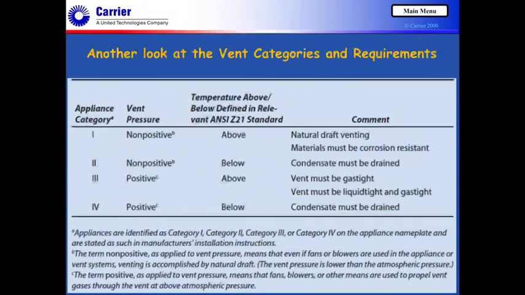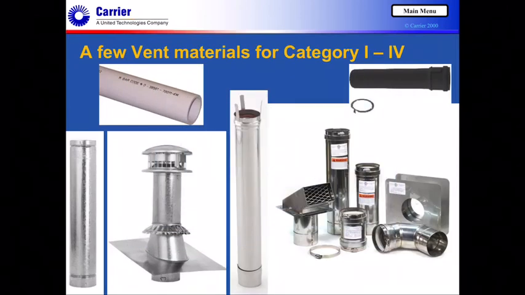So that's very relevant. Category 3, we definitely have to make essentially gas tight, but when you start looking at a category 4, it has to be tight, and it also has to be able to handle the condensate. So those are the things that are fairly important.